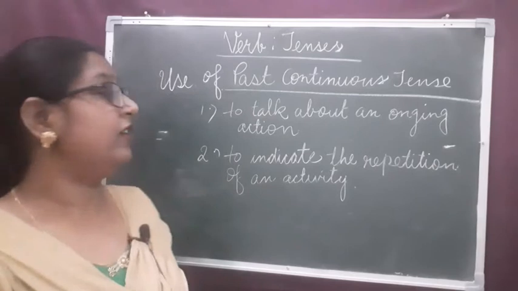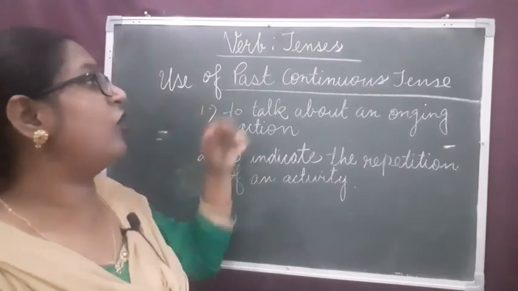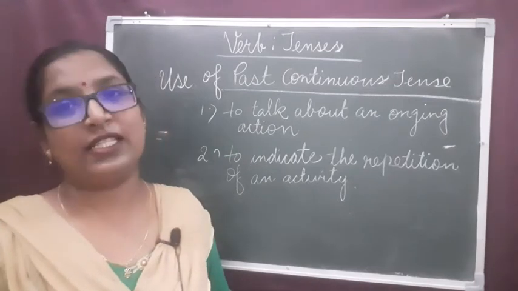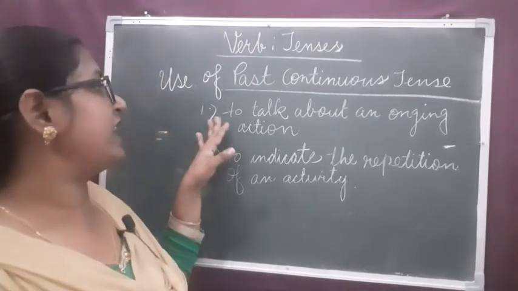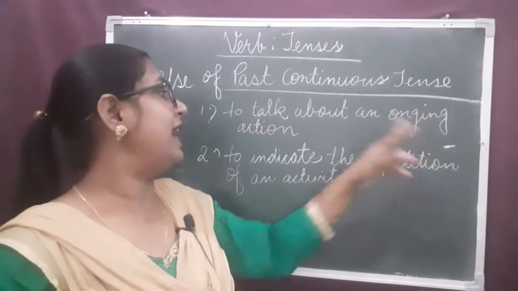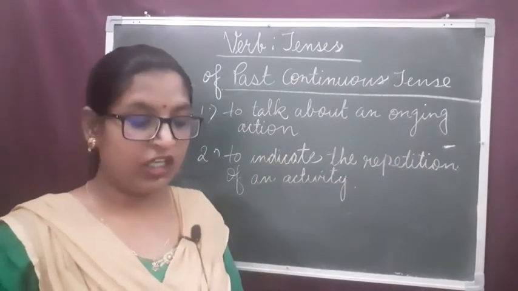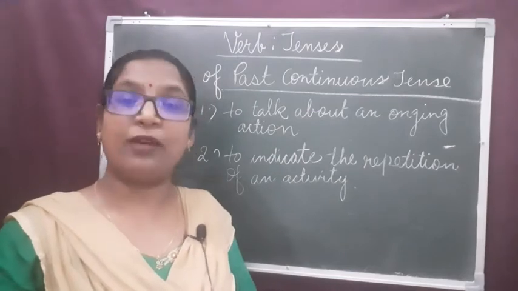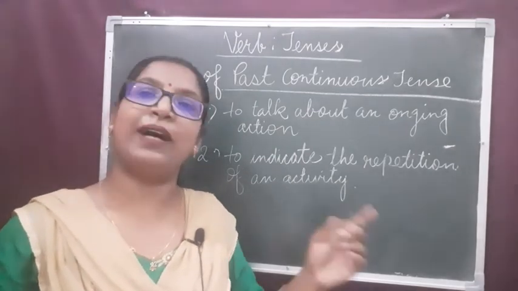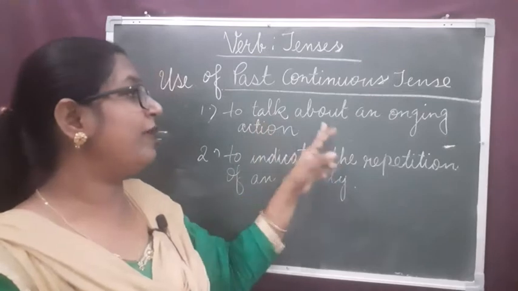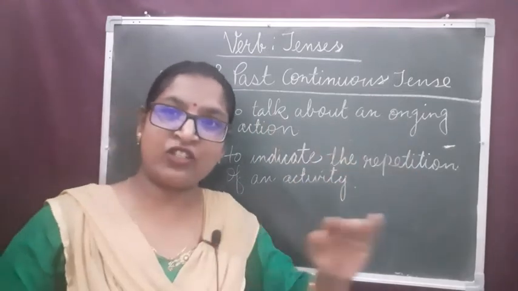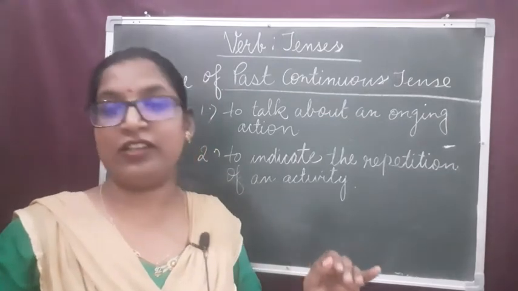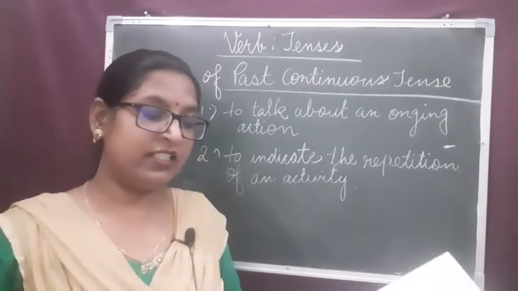Dear children, let's understand the use of past continuous tense. When do we use it? The first one is to talk about an ongoing action, an action which continued for some time in a particular period in the past. See the example.